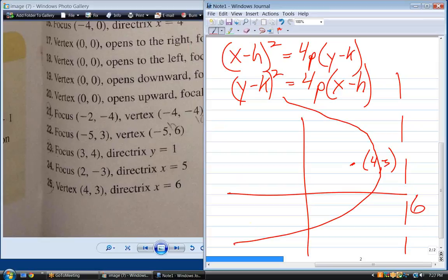What's the vertex? The vertex would be... Or actually, the easiest thing to start with is P. What is P? What is the length of P?